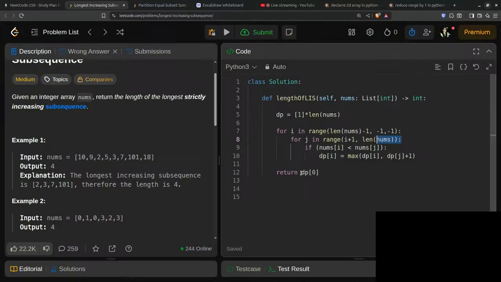Because DP of 0 only stores DP of J. It either stores DP of I, which is included, or don't include it. No, this is including it.